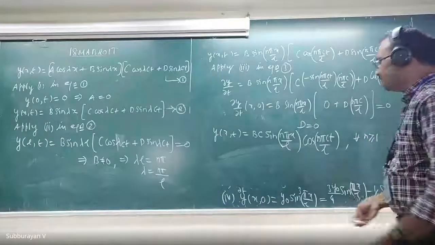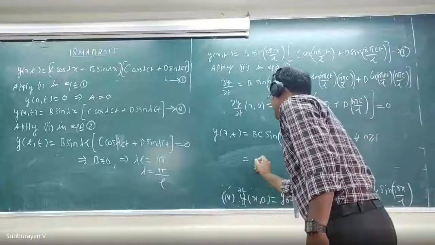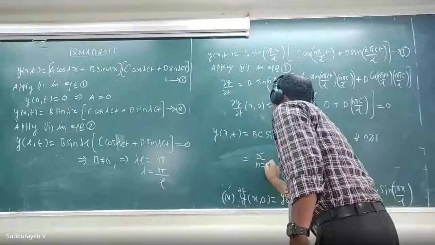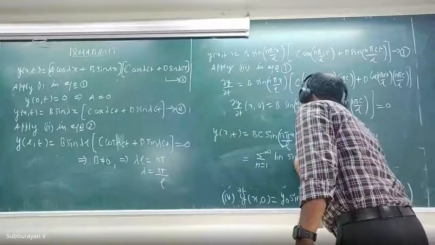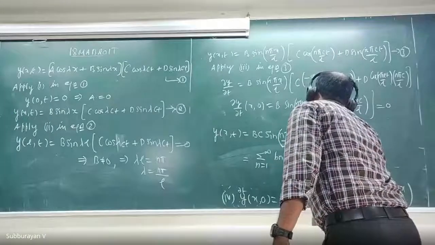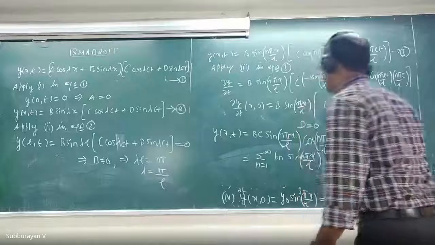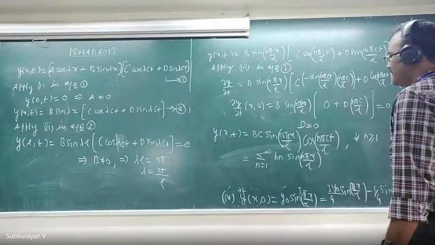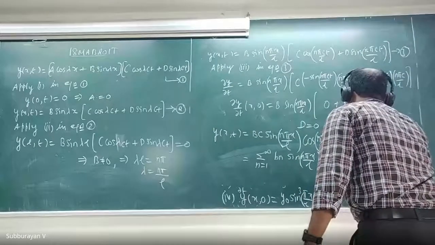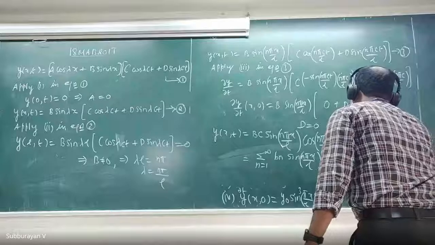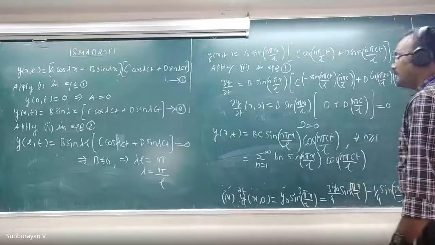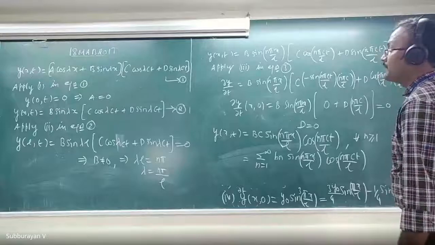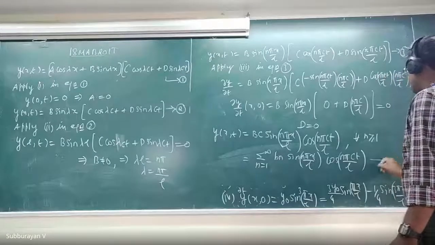By the superposition principle, you can write this solution as summation n equal to 1 to infinity b_n into sin n pi x divided by L into cos n pi ct divided by L. This equation I got from the superposition principle. This is equation number 4.